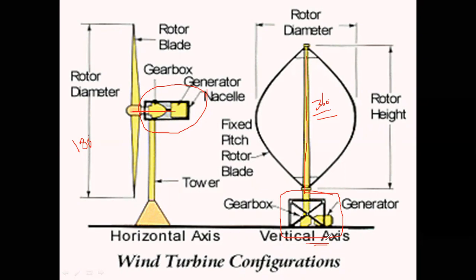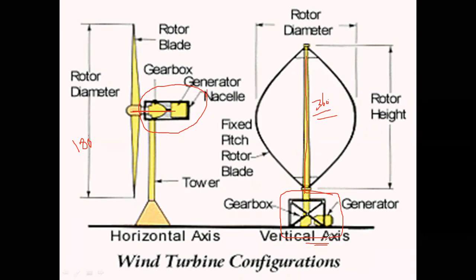But the horizontal axis windmill, we need to place only wherever the wind velocity is maximum. Only at the particular place do we need to generate the power. That is the end of the seashore or the middle of the sea. There the wind velocity is more, we can generate the maximum amount of power.